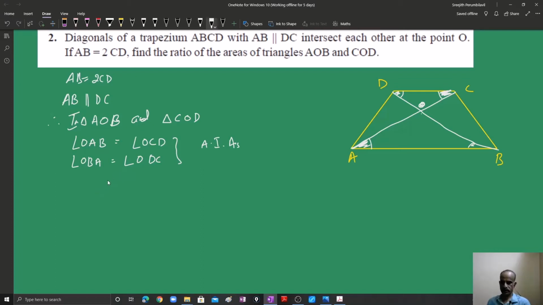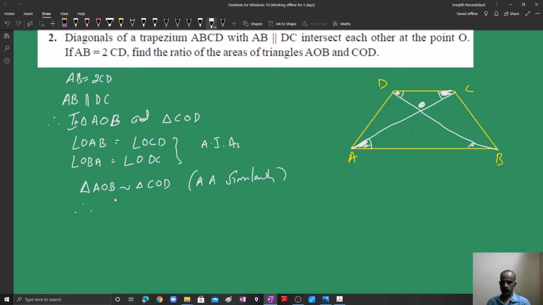So we can say that triangle AOB is similar to triangle COD. Which similarity? We can say AA similarity.